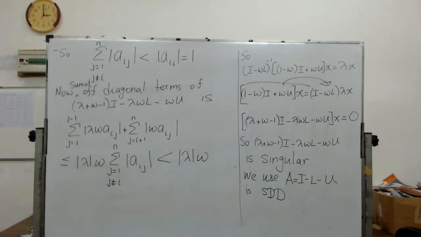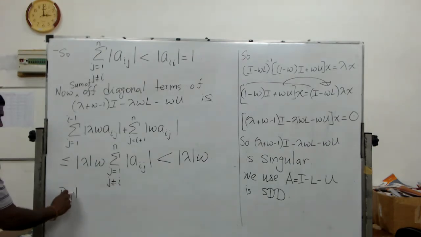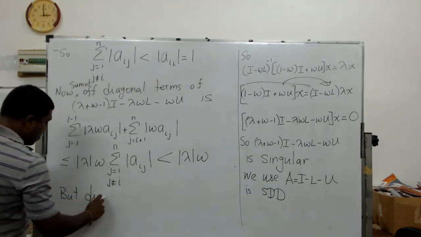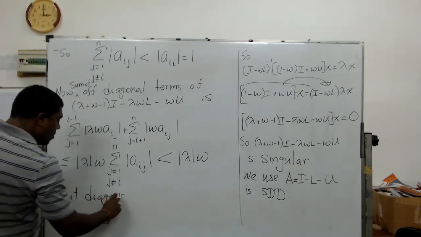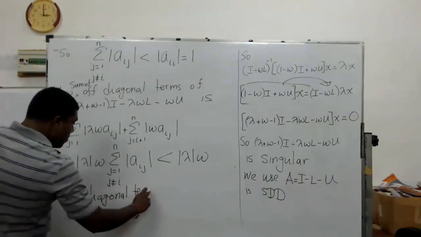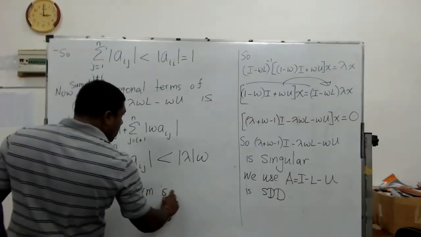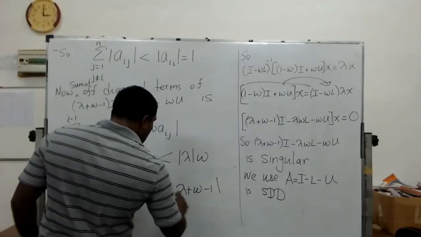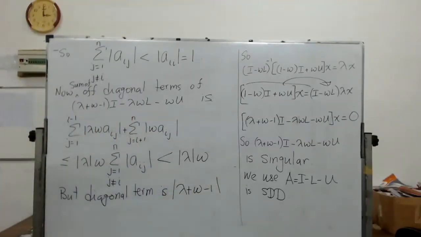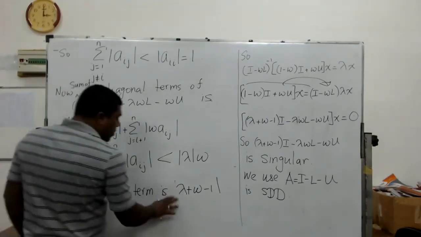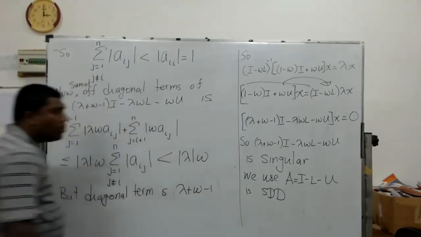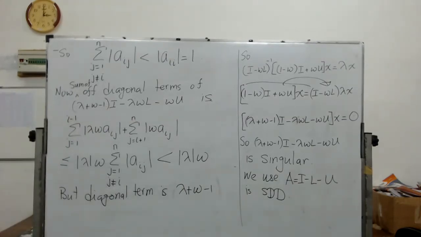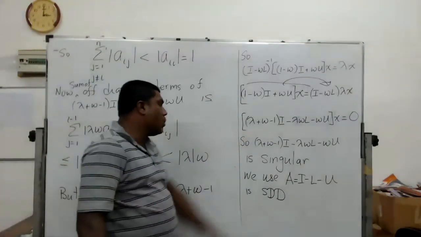But you know that the diagonal term, not absolute value, you can move without that. So the corresponding diagonal term of this matrix is actually lambda plus omega minus 1.